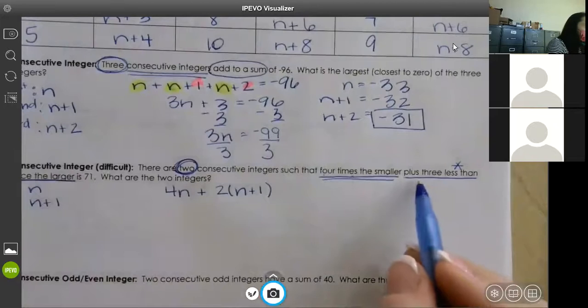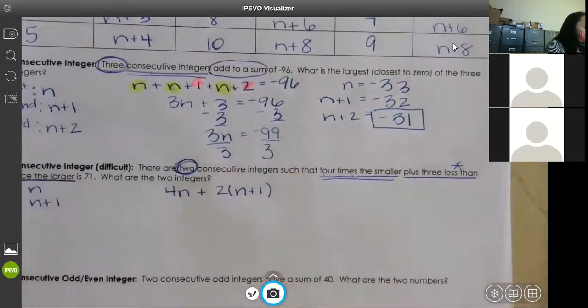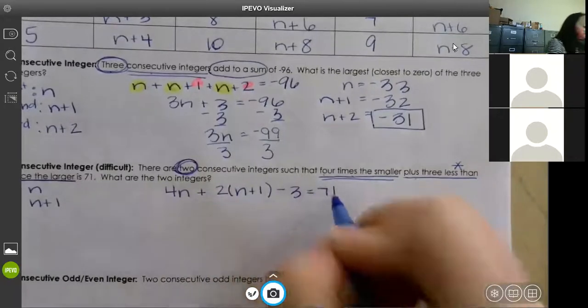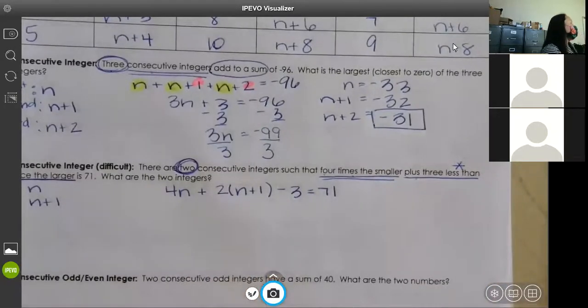And then it said 3 less than. Minus 3, perfect, is equal to 71. So what made it harder was that it used that less than, or it used 2 times. Not that the work got any harder, it's just that it made it sound harder.